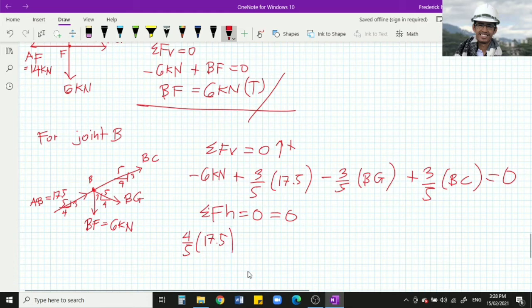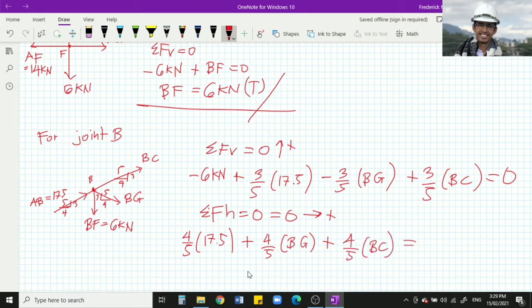And yung BG natin, papunta sa right side, going to the right, positive. So plus 4 over 5 BG plus 4 over 5 BC, okay, is equal to 0.